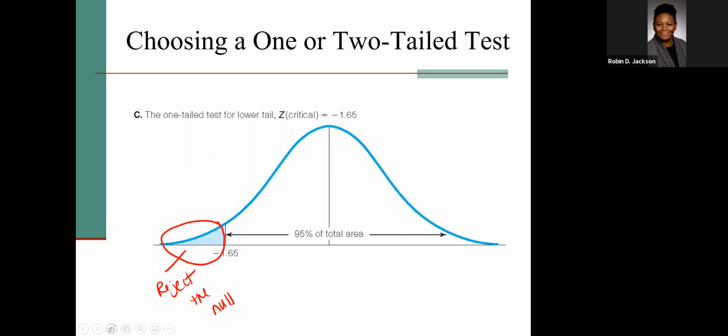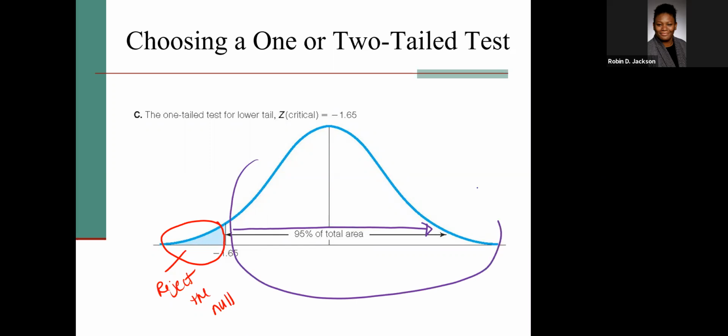But if it's everything other than that, going in that direction, and it falls in this area, you accept the null. All right, so that's essentially what it would look like and what that means.